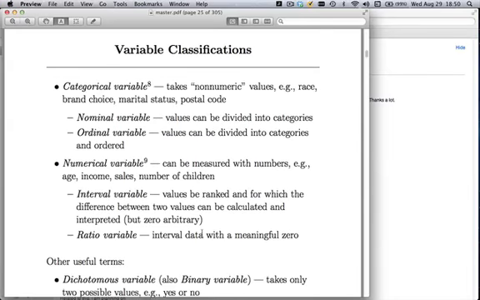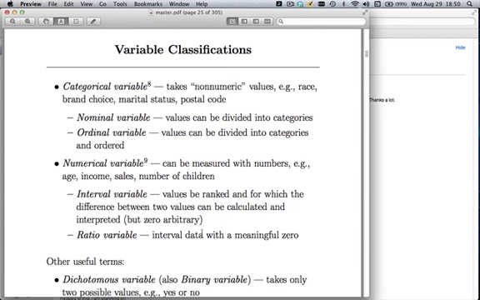Another topic in Chapter 2 is on types of variables. So this is a pretty important set of vocabulary to have. There are a lot of different variables that we'll encounter in our work.